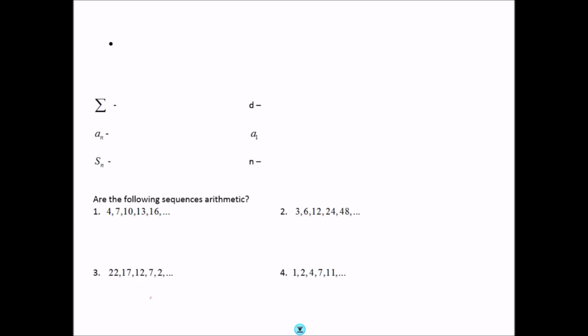First, let's talk about some definitions and some symbols. First, we need to talk about an arithmetic sequence.